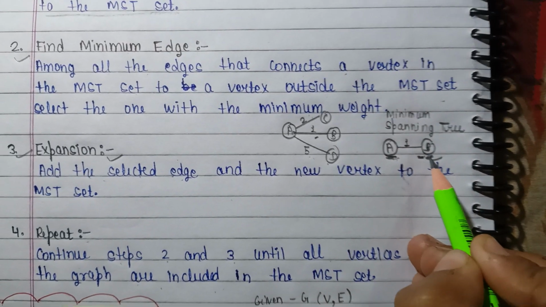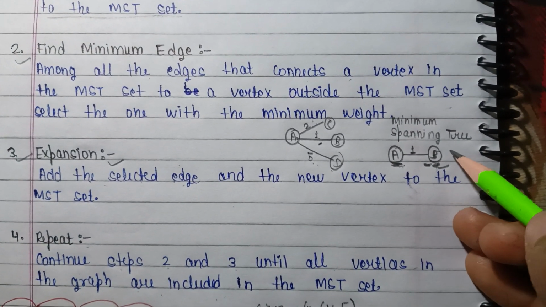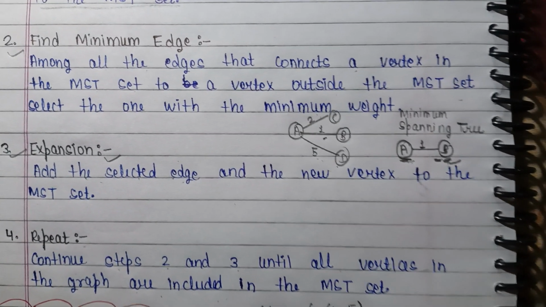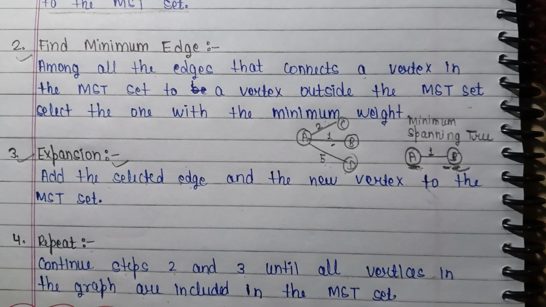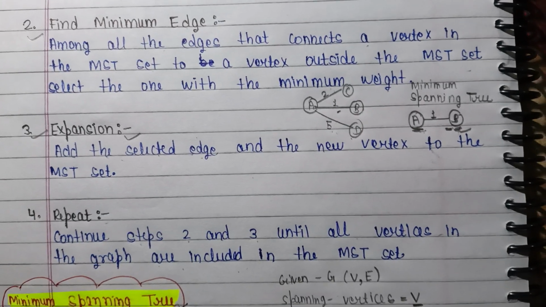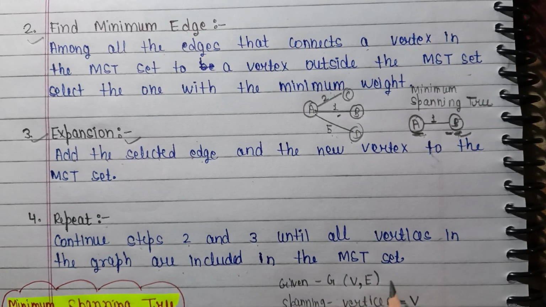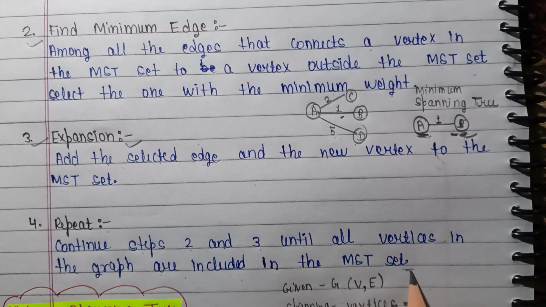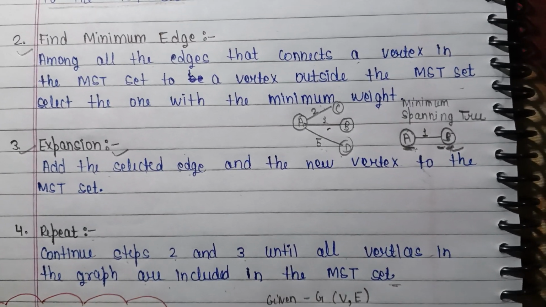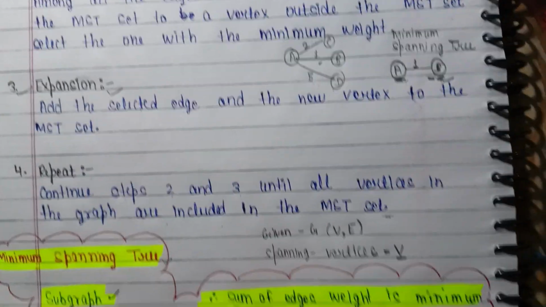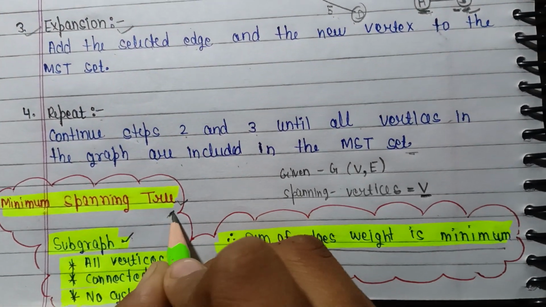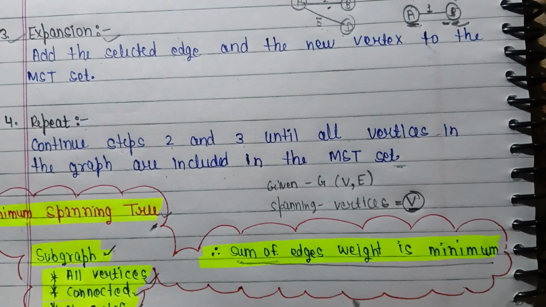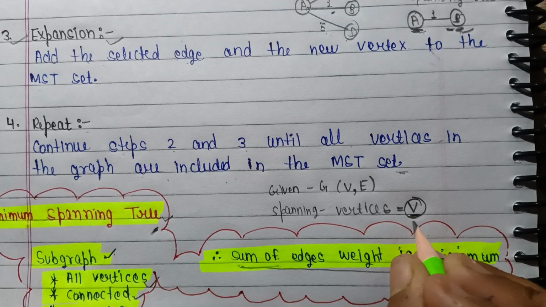Like here, we have to find all the edges which are connected to B, then find the minimum one, then connect it to B. You must follow this process until all the vertices are included in the MST, because as I already explained, a minimum spanning tree is a spanning tree that contains exactly V vertices.